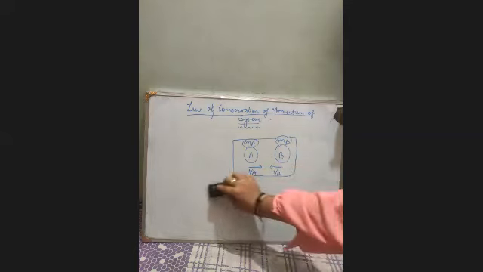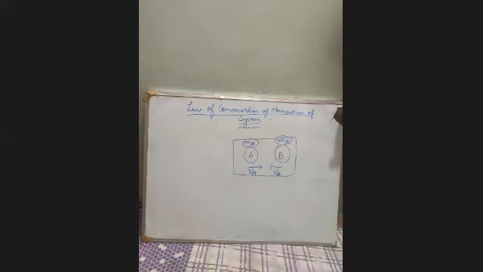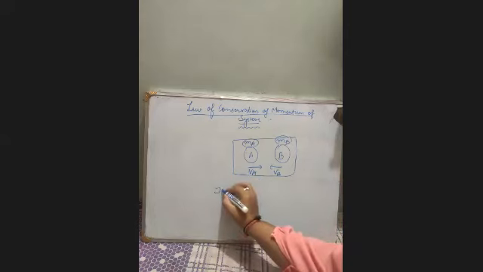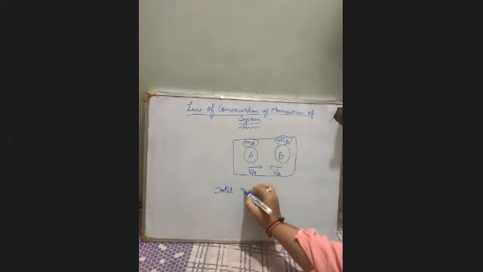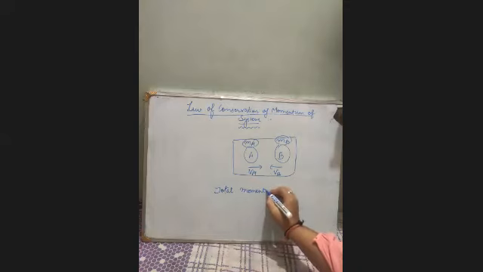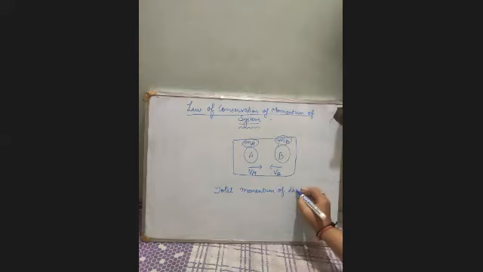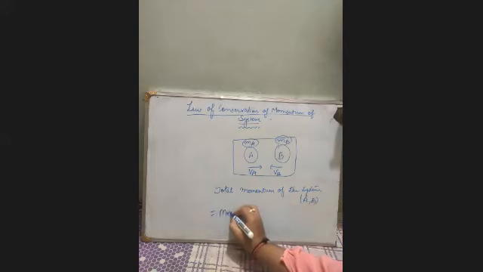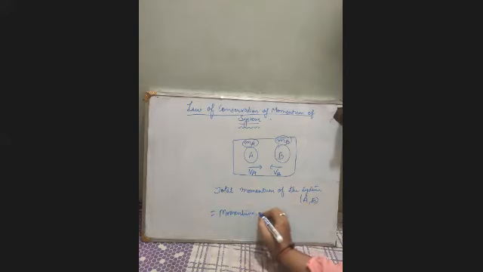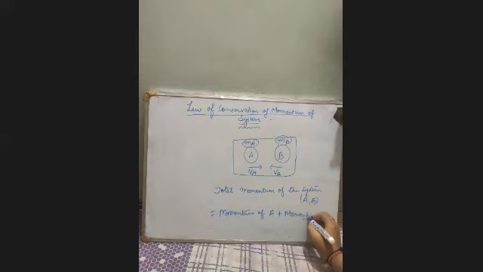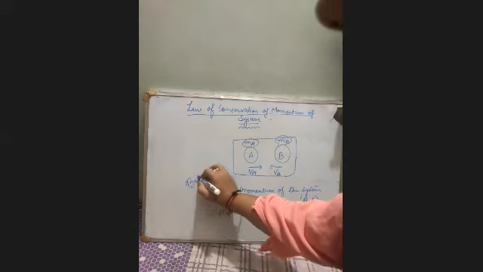So total momentum of the system. Now this system is comprised of two objects A and B. It is equal to momentum of A plus momentum of B. Now let's suppose we are considering this term before collision.